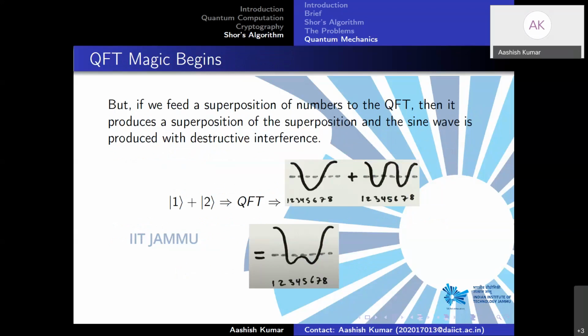Okay, so if we feed a superposition of numbers to the QFT, then it produces a superposition of superpositions. So in here, if we provide the superposition of numbers, the resultant set would also be a superposition of the superpositions that were produced by the QFT, and it will result in interference between all the superpositions that are produced.